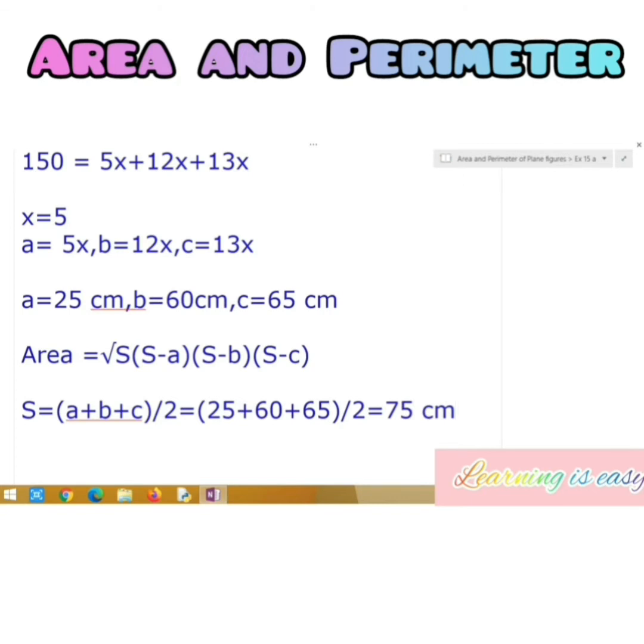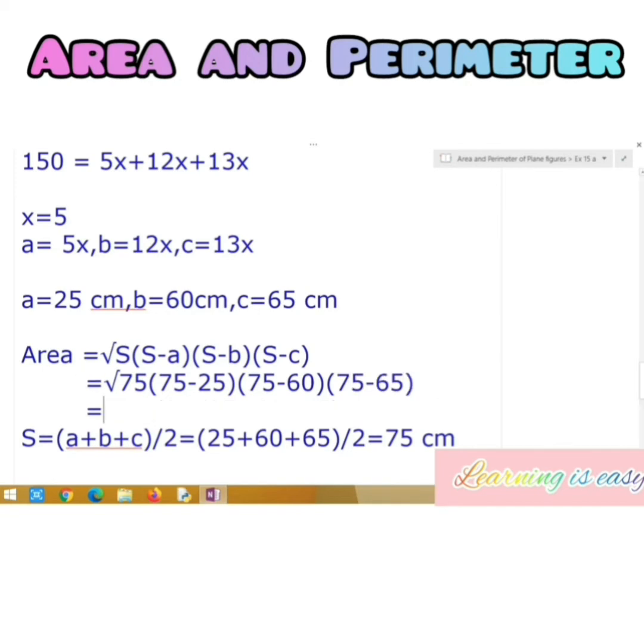So by substituting the same thing in the formula, area is going to be square root of 75 into 75 minus 25 into 75 minus 60 into 75 minus 65. So that's going to be square root of 75 into 75 minus 25.